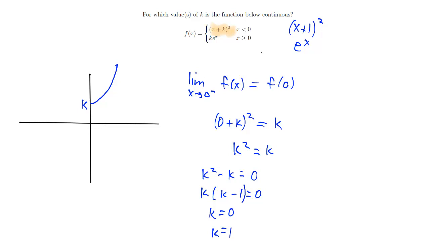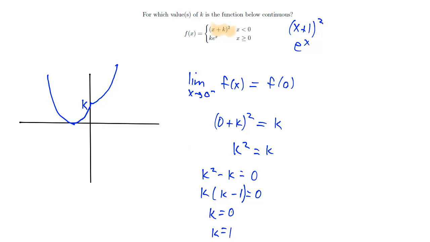And x plus 1 squared is a parabola, but it's just shifted over 1 to the left. So it would look something like this. Yeah, those look like they hook up. Everything's okay. It's okay that there's a corner there. We don't care about there being a corner as long as there's no jump in y values.